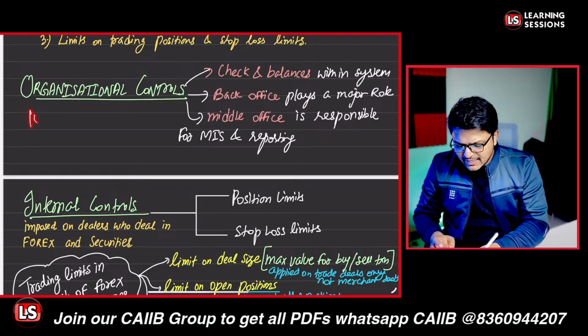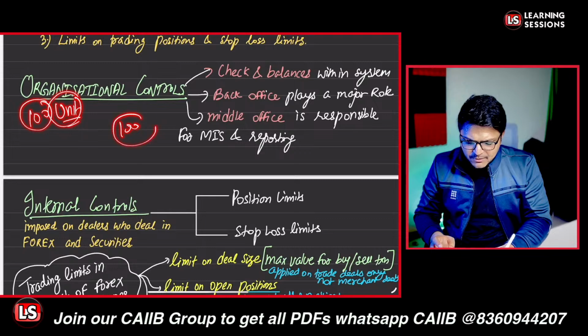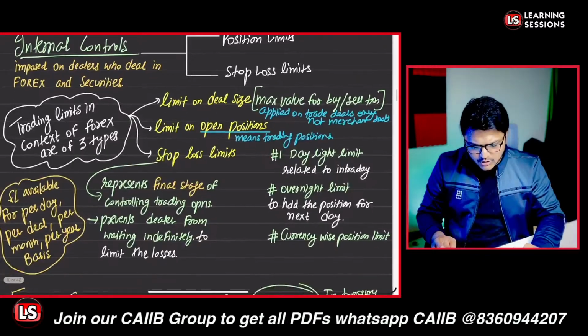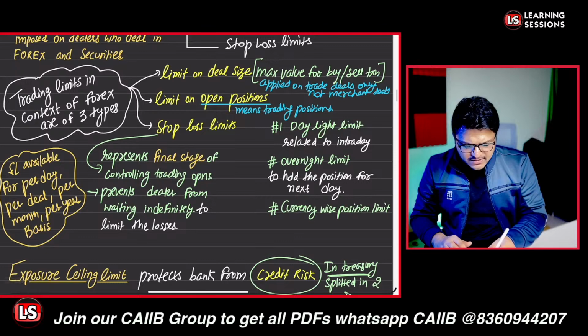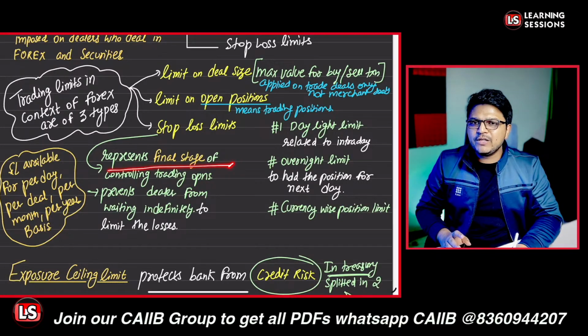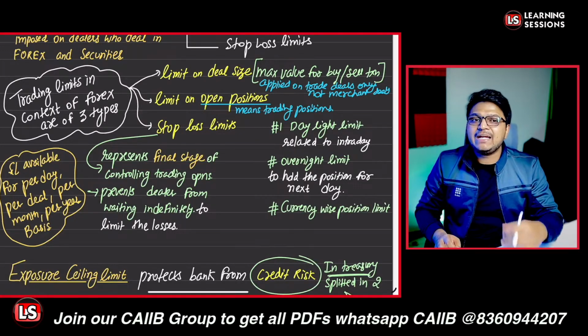Let's say previously I have bought 100 units. Now I'll be selling the 100 units. That is squaring off the transaction. So the stop loss limit actually represents the final stage of controlling the trading transactions. Further, it prevents the dealer from waiting indefinitely.